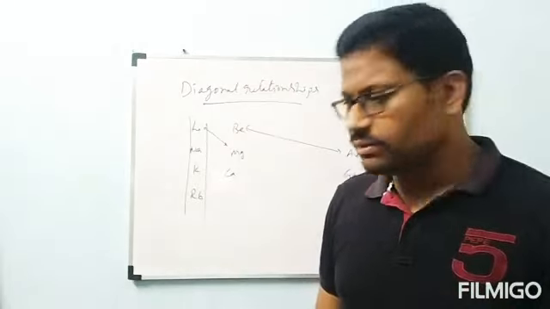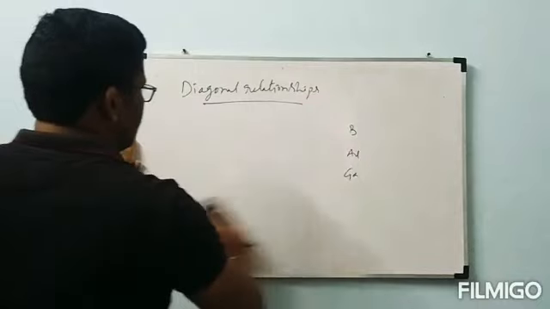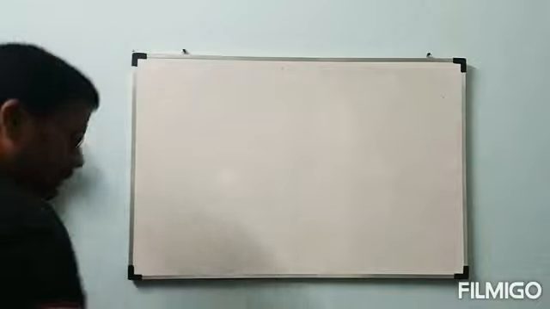Okay, next coming to oxidation number and valency. Depending on the group, we have to decide in what way they will give the compound.